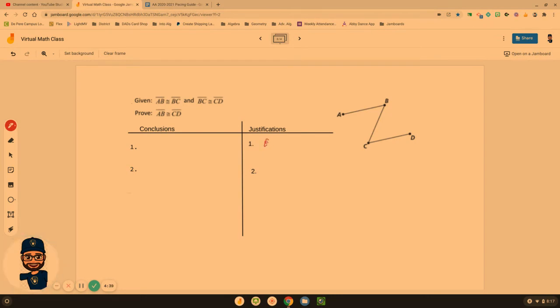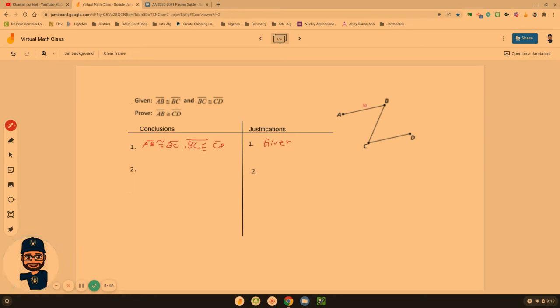I sure hope, we've talked about this a lot, that you remember we start with the given. So we just rewrite it. AB is congruent to BC and BC is congruent to CD.